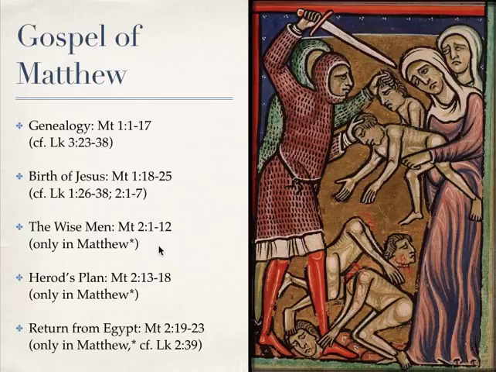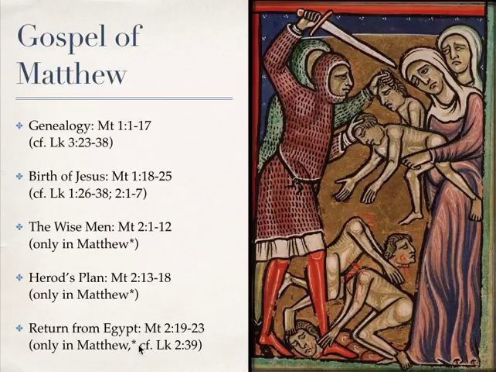So after the warning, the Magi go east and don't tell Herod, and this is when Herod plots to kill all the young children in Jerusalem because he feels like there's going to be a threat to his throne. Then we get this passage in Matthew immediately following that.